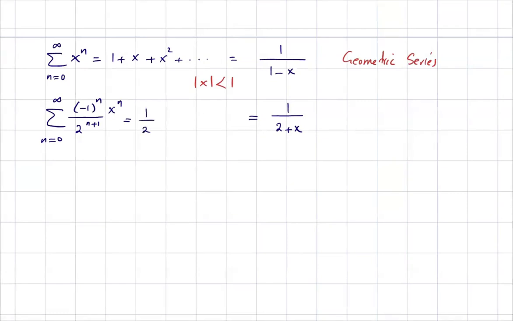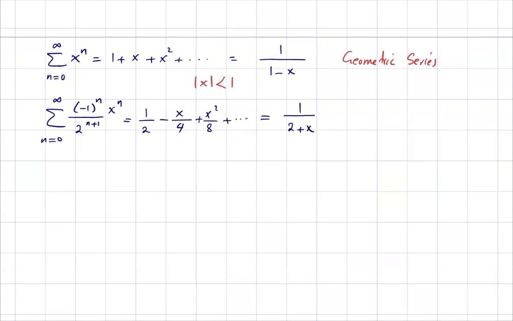If you plug in 1, you get -x divided by 4. If you plug in, for example, 2, you get x squared divided by 8, and so on. So by using the geometric series, we can find power series representation for different types of functions. In general, you can see the pattern this way as well.